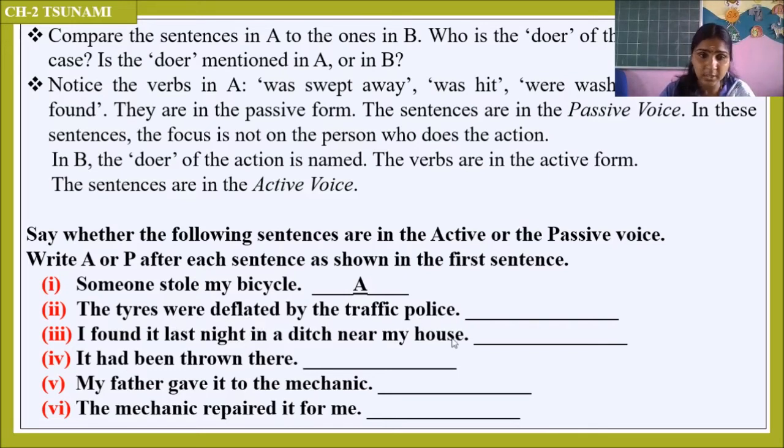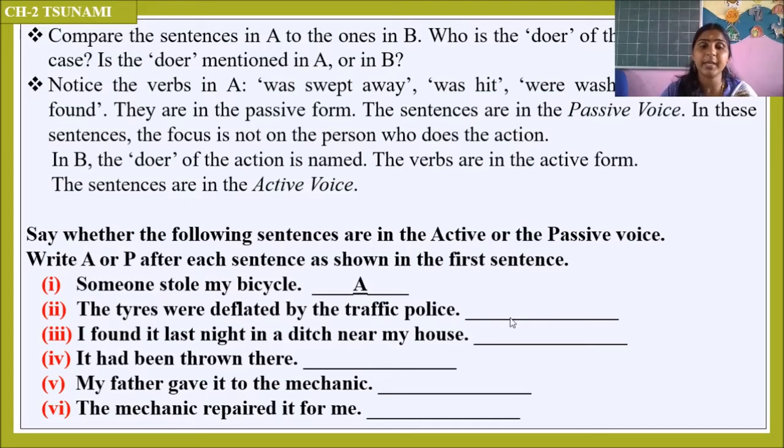The traffic police is the doer, but it is coming at the end of the sentence. Here the verb is accompanied with the helping verb. So, it comes under what? Passive voice. Write P in the second dash. Write capital P, don't write small letters, okay?